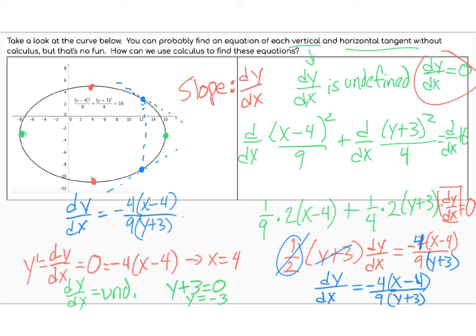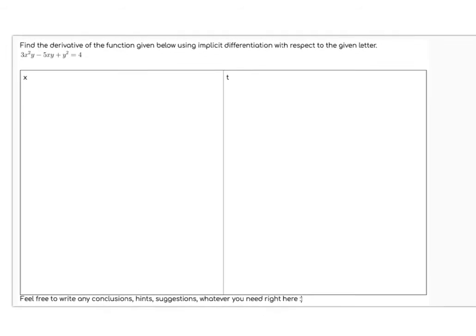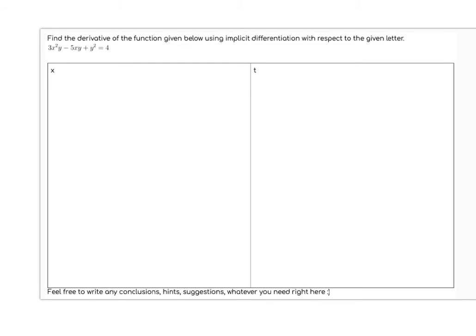We could then plug these values into our equation, figure out the x and y values, and figure out the equations for these vertical and horizontal tangent lines. Much more commonly, we're going to be finding the derivative of expressions like this that involve multiple pieces. There are two things I need you to be really careful of here.